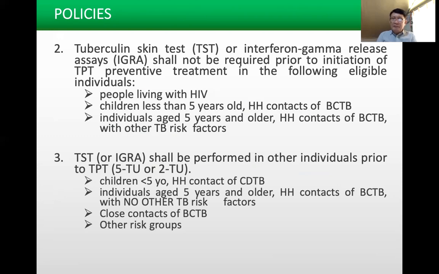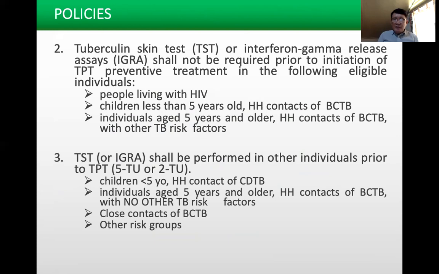Now, TST shall be performed in other individuals prior to TPT. So these are the ones that really need to undergo TST before initiation of TPT. They are children less than 5 years old, but this time the child is a household contact of clinically diagnosed TB. So they should undergo TST first before initiation of TPT.